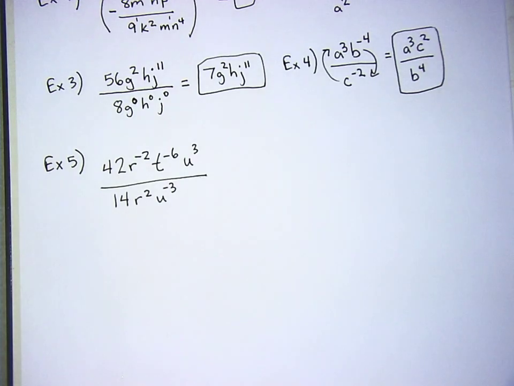And then it's t, so you have u to the 6, and this goes over 14 r to the 4. Well, it's actually 3 r to the 4. T to the 6.